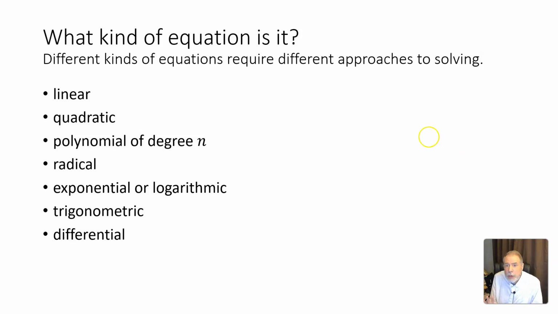If it's a linear equation, you can solve it by maybe adding or subtracting or dividing the same thing on both sides. But the techniques that work to solve linear equations aren't enough to solve quadratic equations.